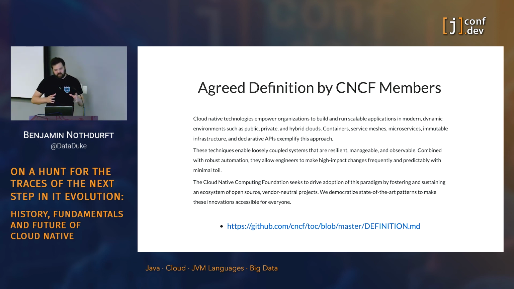So the goal that they agreed upon is to align with all those drivers that we had from Taylorism and to foster state-of-the-art patterns and state-of-the-art technology to make it possible for us to deploy as quickly as possible whenever we need, and also to avoid vendor lock-in.